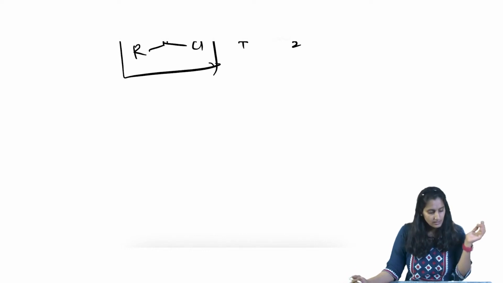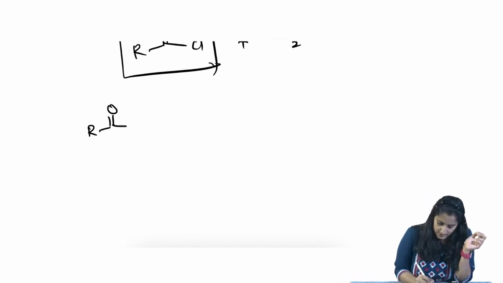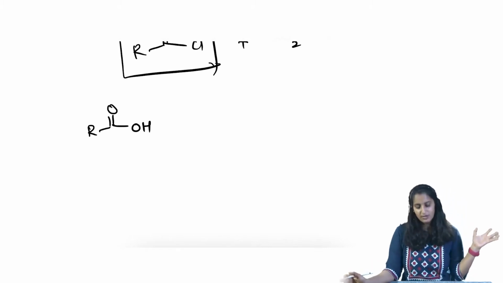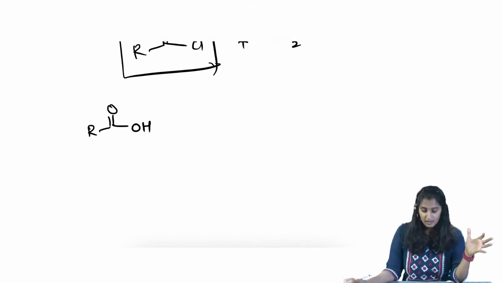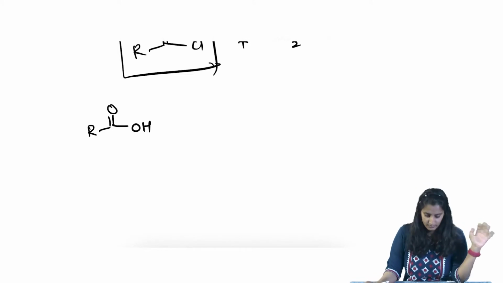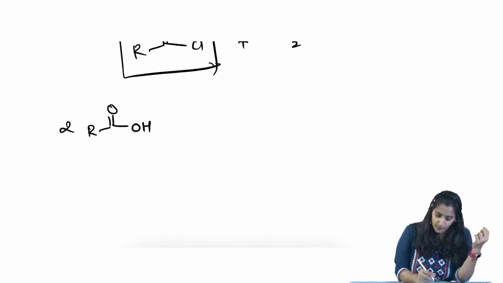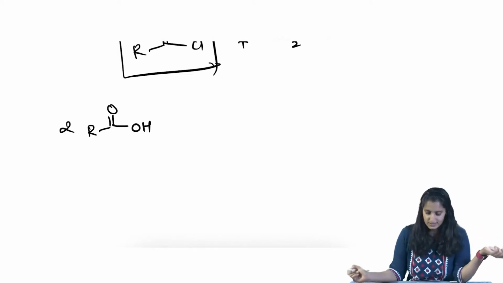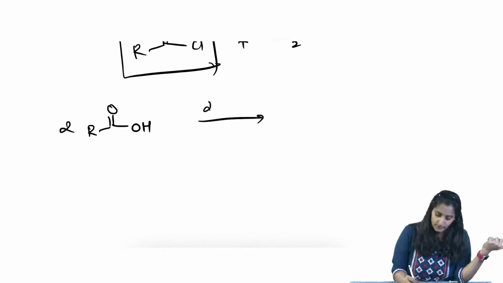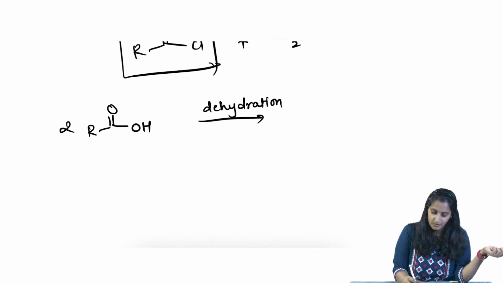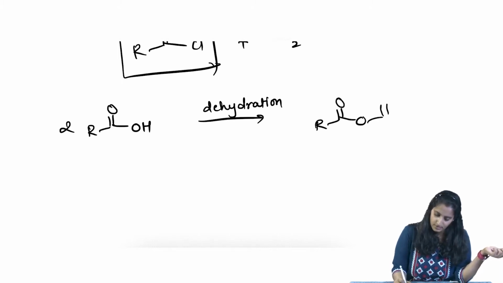Let us take an acid molecule. Again, I am starting with a generic molecule, the R group can be anything, ethyl, methyl, propyl, and so on and so forth. If you take two acid molecules and really remove water, dehydration, what are you going to form? You are going to form an anhydride, and that is the way most anhydrides are formed.